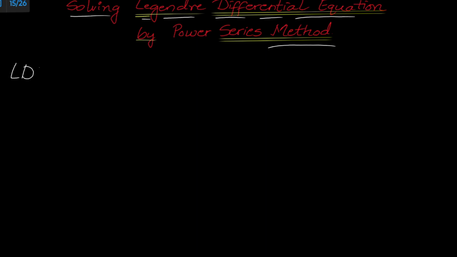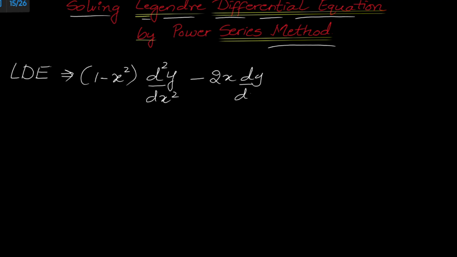So the Legendre differential equation is (1 minus x squared) d squared y by dx squared minus 2x dy by dx plus n into (n plus 1) into y is equal to 0.